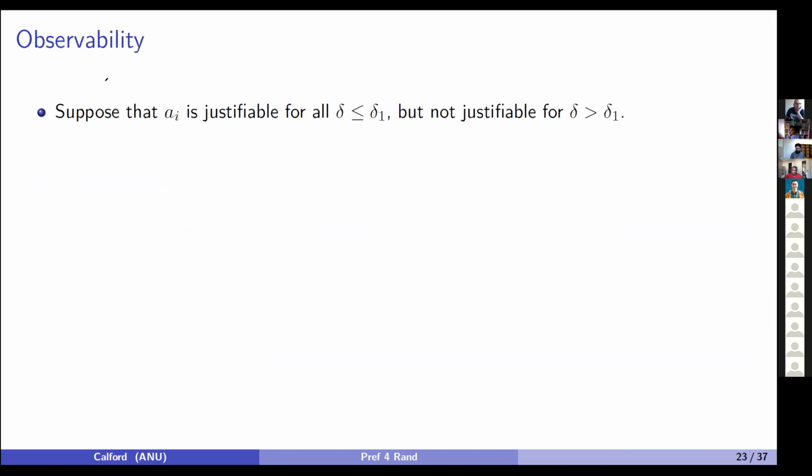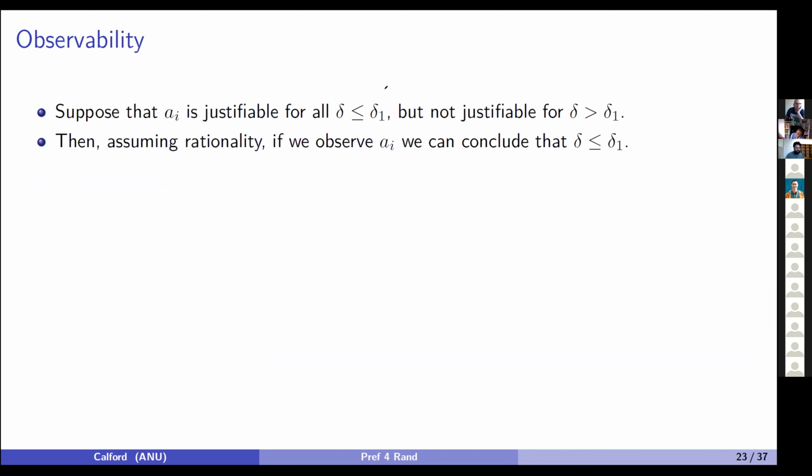Now, the basic implications here are very straightforward. If a strategy is justifiable for all deltas less than some threshold, but not justifiable above that threshold, then if I see you play that strategy, it must be that your preference randomization is below the threshold.